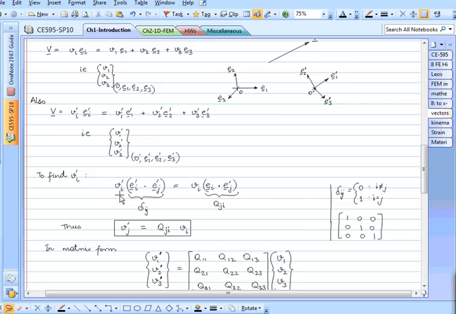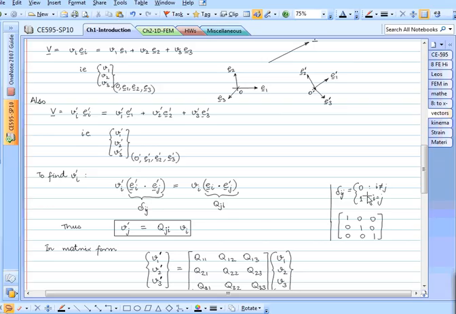So all I'm doing here is I'm saying that vi prime ei prime is equal to vi ei. So v is equal to v. That's all I've done here, and I'm post multiplying this equation with ei prime. I'm taking a dot product. So if you remember, the dot product of two unit vectors, ei, ej, that's just delta ij.